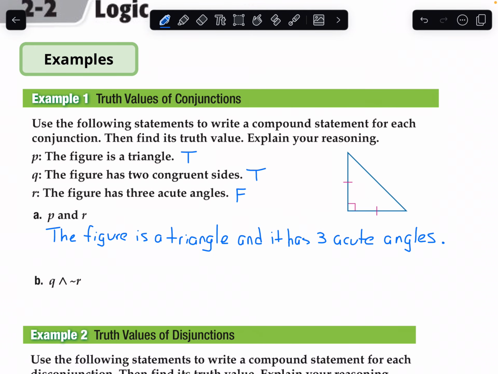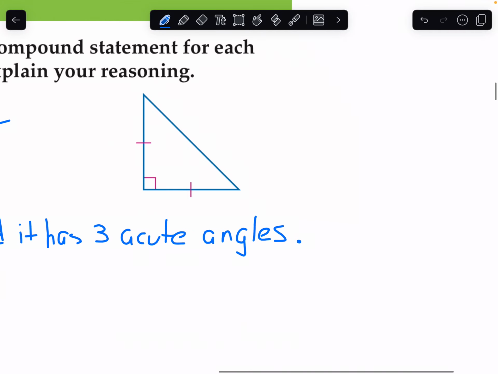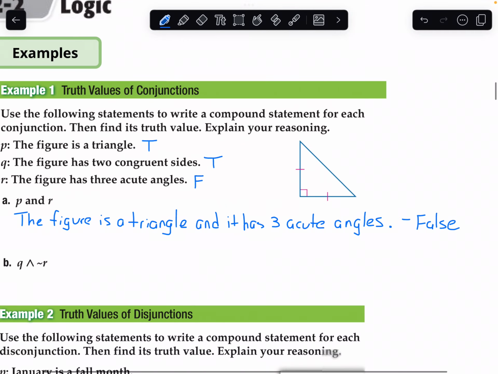In order for the conjunction, the and, to be true, both of them must be true. It is a triangle, but it doesn't have three acute angles. So this statement is false, because part R is false.